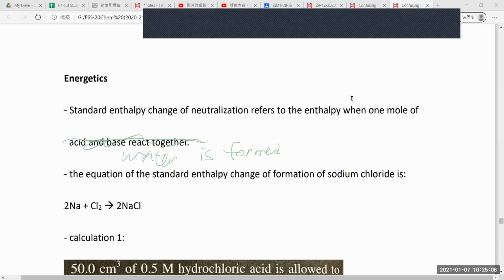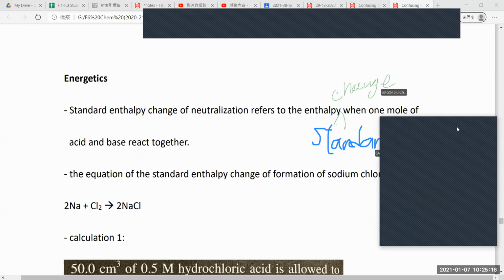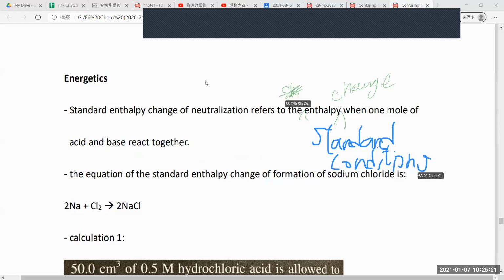Correct? Only this part? Yes, that's right.